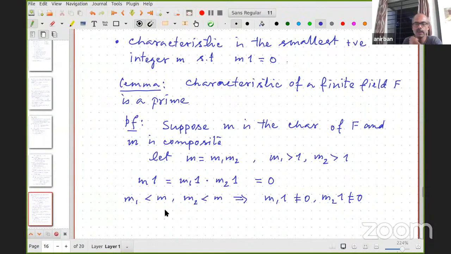So we get zero divisors. That's a contradiction, because a field cannot have zero divisors.